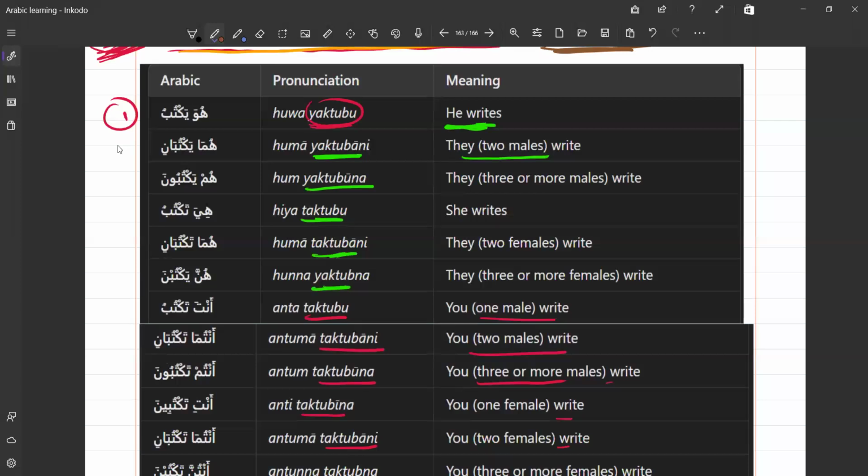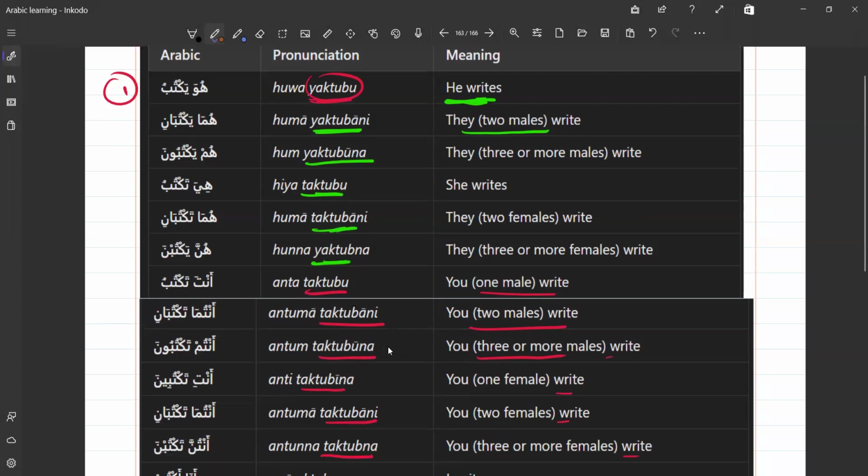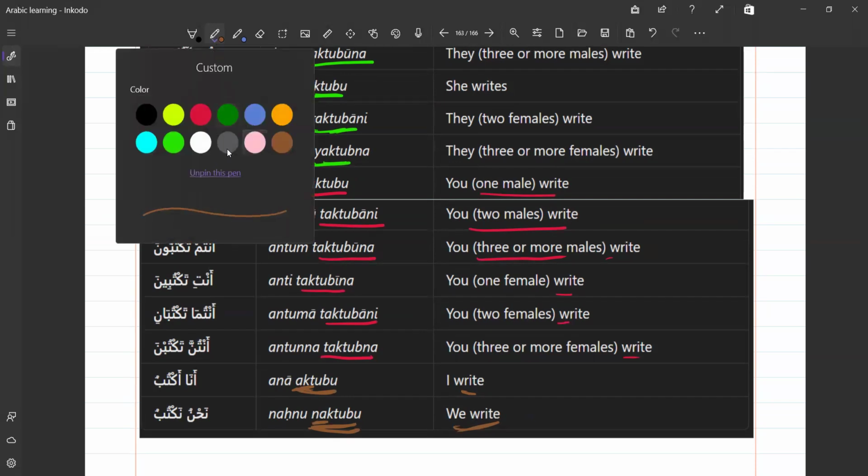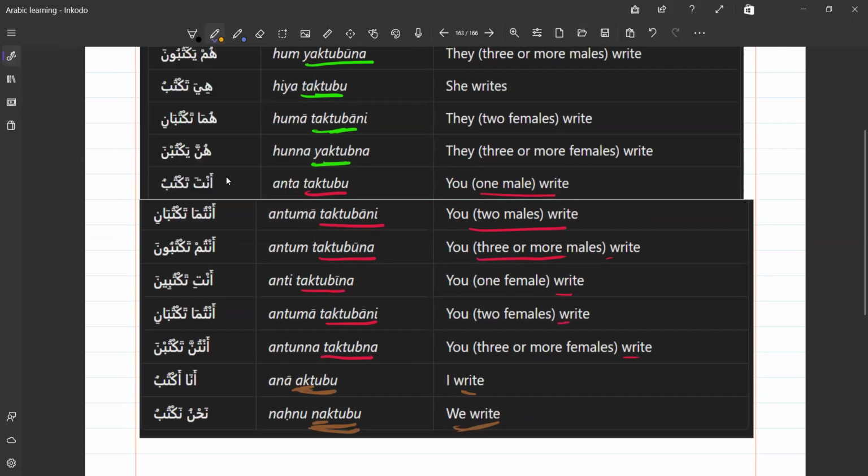So yaktubu, yaktubani, yaktubuna, yaktubu, taktubani, yaktubna, taktubu, taktubani, taktubna, taktubina, taktubani, taktubna, aktubu, naktubu. Now there are some variations that are repeating, but it's okay. It is possible that one variation can be used for one case and also for another case.